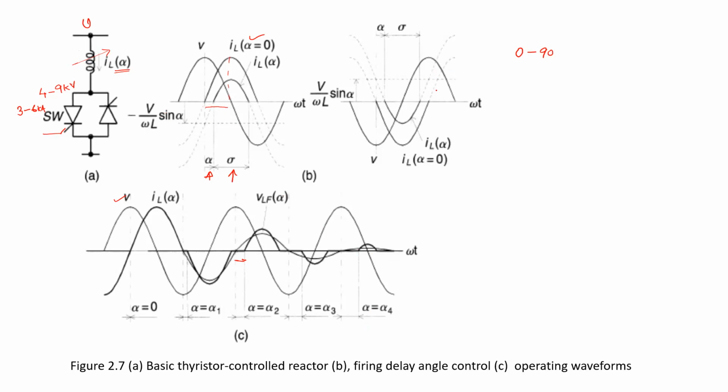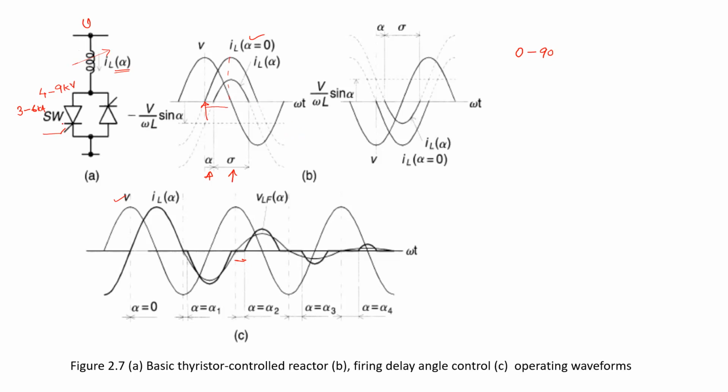When we are varying this angle, if the firing angle alpha is equal to here, it means that the reactor is off. Here the reactor is on. If you are firing this thyristor here, there is full conduction. If you are firing at this point, the firing angle is equal to 90 degrees and the conduction becomes 0.